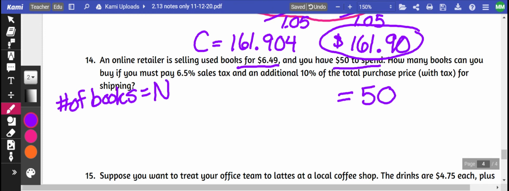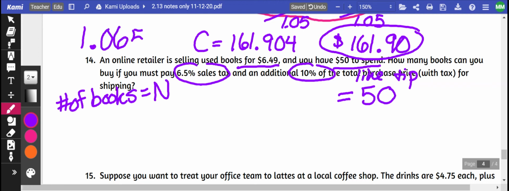You've got 6.5% tax, and then it says an additional 10% for shipping. So think of this as like a tip. You're going to apply the 10% after. All right, so if we've got our tax as 6.5%, that's going to be 1.065.